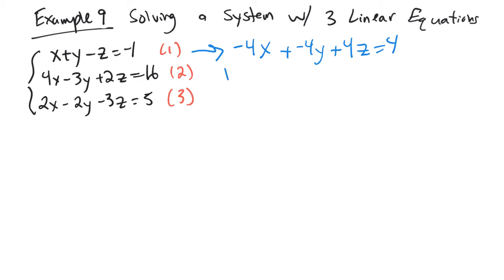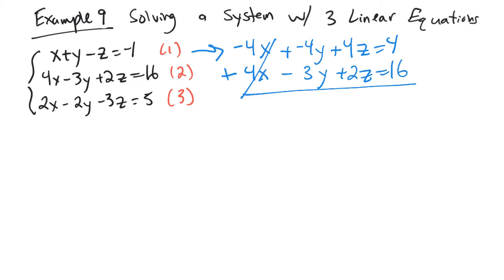We're going to add this to our original equation 2. So when we add this together, our x's cancel. We have negative 7y plus 6z equals 20. Now let's look at 1 and 3. Let's multiply everything in equation 1 by negative 2.